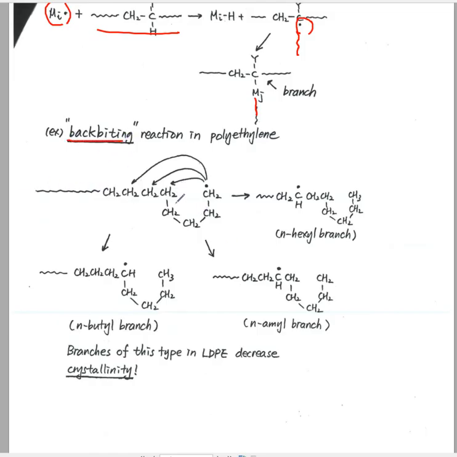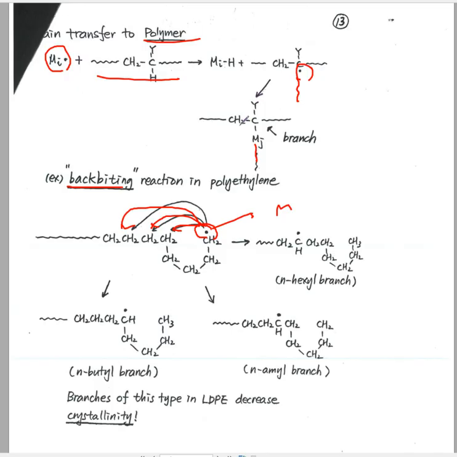Here is the chain with the free radical, which should react with the monomer, but it could just react with a part inside of this chain. If chain transfer to polymer or backbiting happens, then branches can form, basically resulting in lower crystallinity of the polymers.